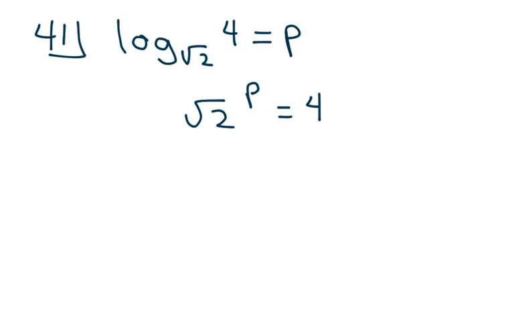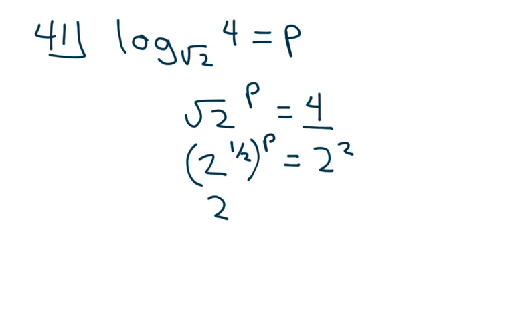Well, what we learned from section 4.3 is I'm going to change these to the same base. I already know from the last problem that I can write root 2 as 2 to the 1/2. That's the square root, so it's to the p. And I'm going to change this base to 2 squared. So this is really 2 to the 1/2 p equals 2 squared.